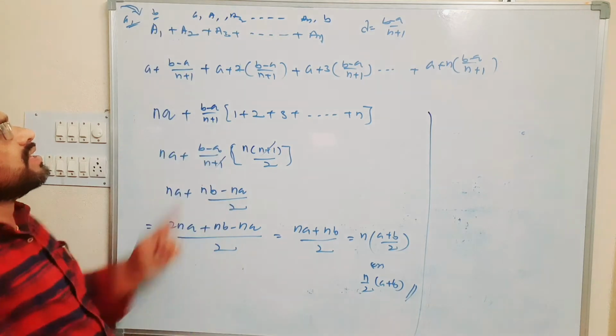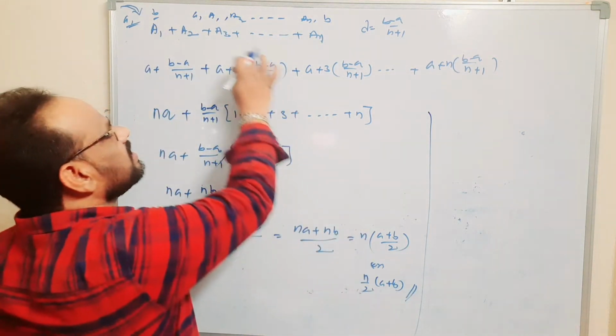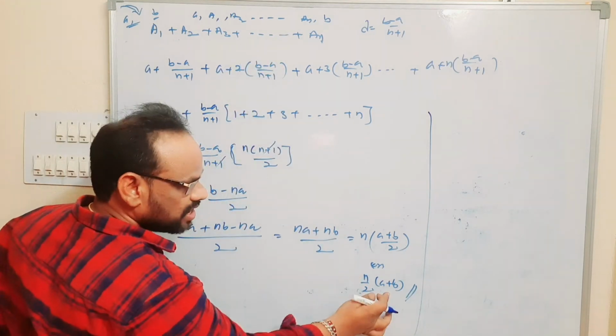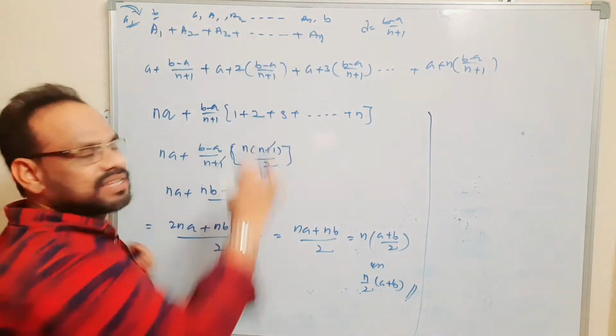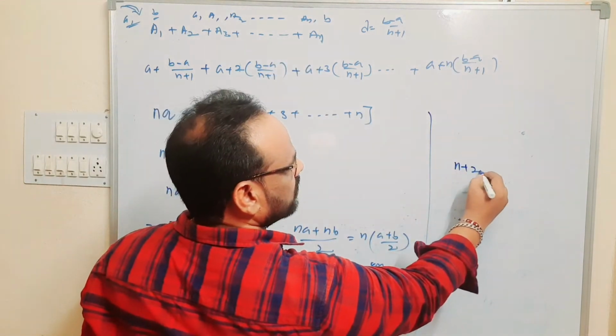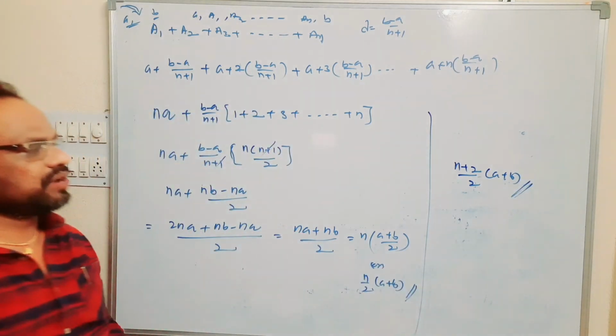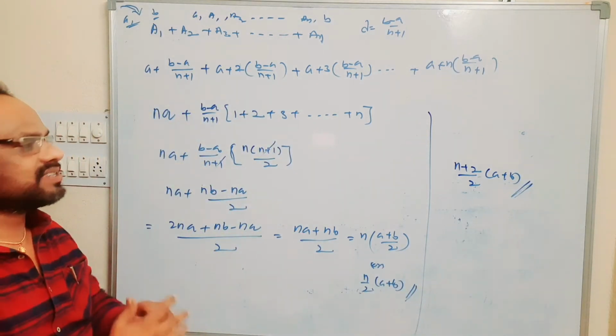Including a and b, the total number of terms is n plus 2. So their sum is (n plus 2) by 2 into (a plus b). Let us discuss one example.